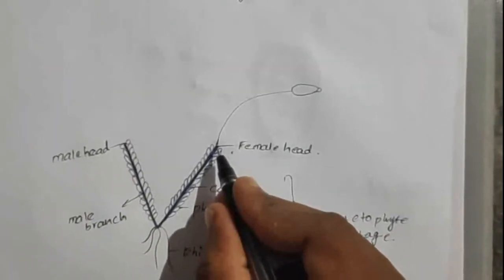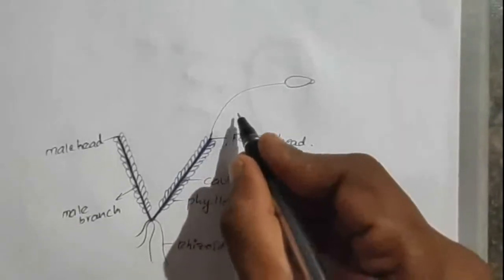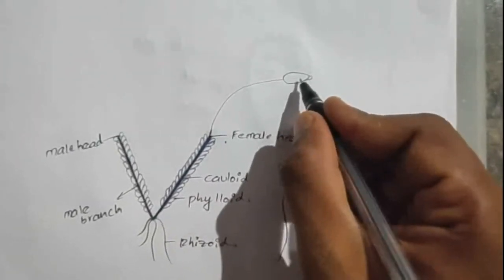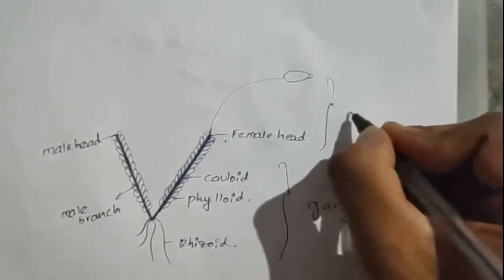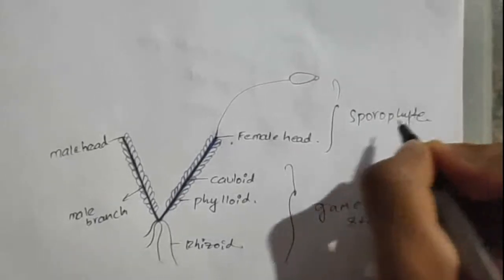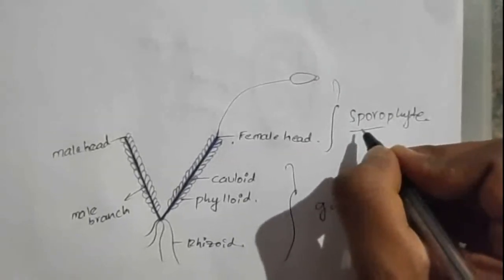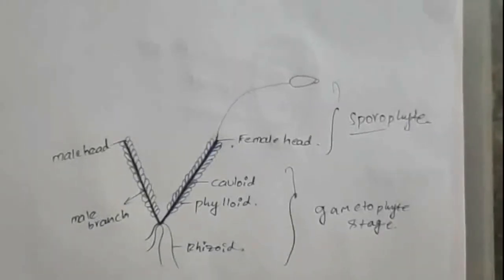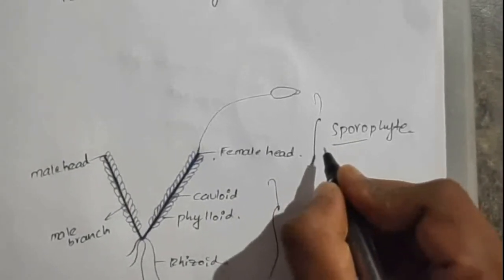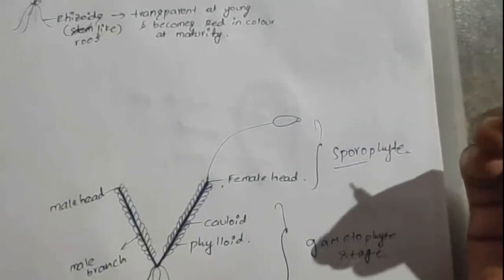On the female head, a long thread-like structure is developed, and at the tip of the thread-like structure, a capsular structure is developed, and this is known as the sporophytic stage, the sporophyte. And this sporophyte is seen only after fertilization. From the sporophyte, the spores are developed and these spores give rise to the protonema stage. From the protonema stage, the gametophytes will develop again.